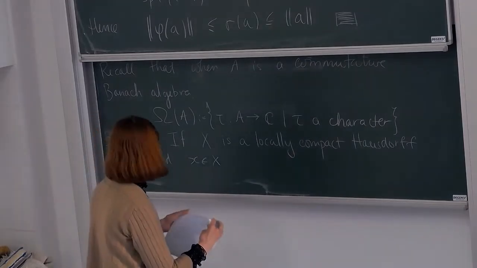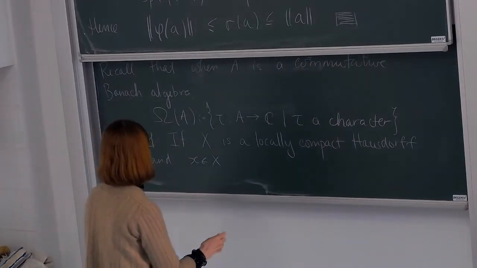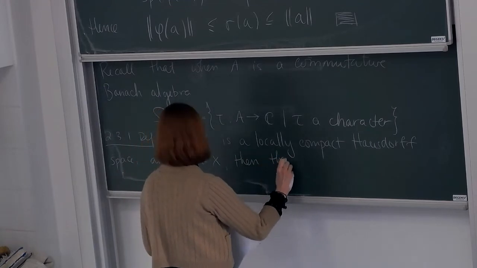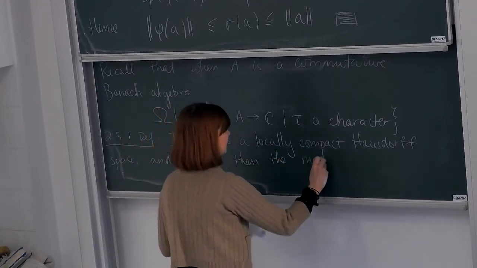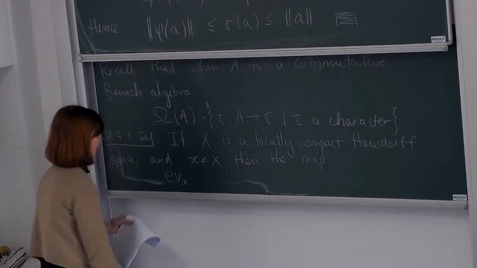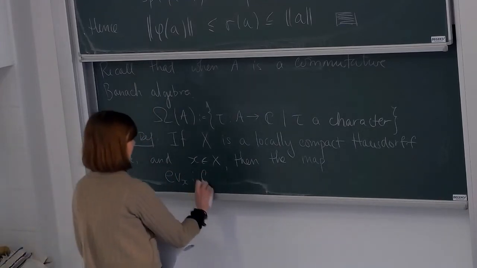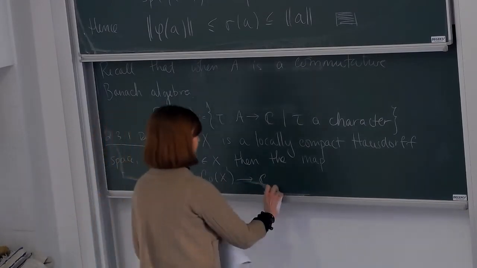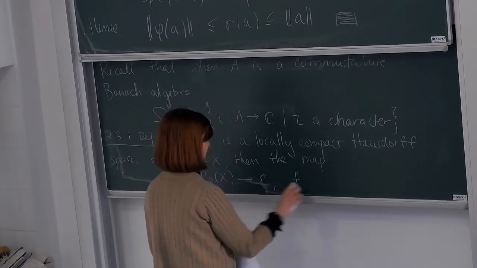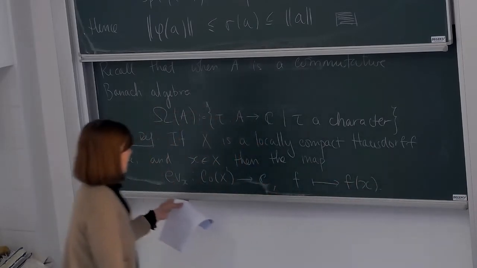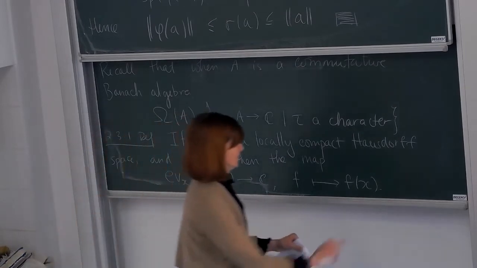I hope you'll allow me that. So define the evaluation map at x. This goes from C naught of X into C. What does it do? It just takes f, a function, and evaluates it at this point. This is a character.